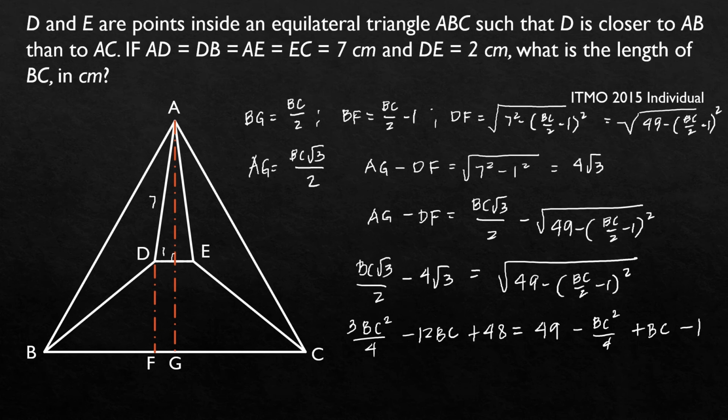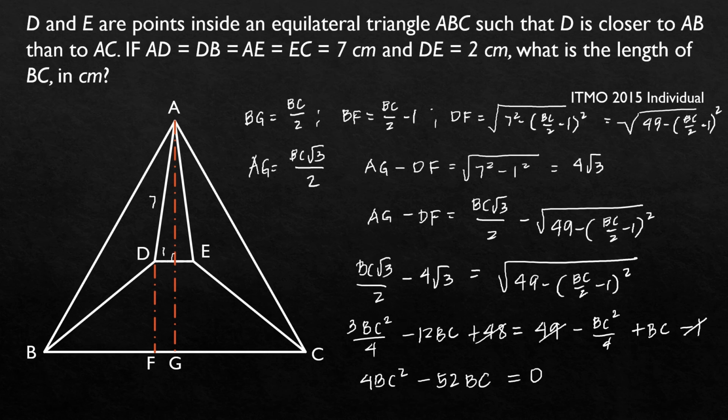Simplifying this resulting equation, 48 minus 49 plus 1 is 0, so we can cancel 48 and 49 minus 1. Multiplying all terms of this resulting equation by 4 and simplifying, we will have 4BC squared minus 52BC is equal to 0.